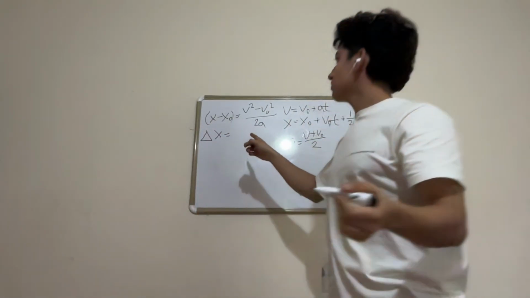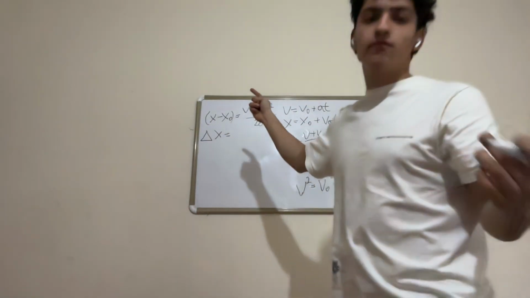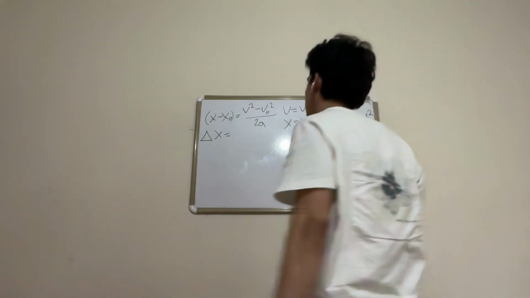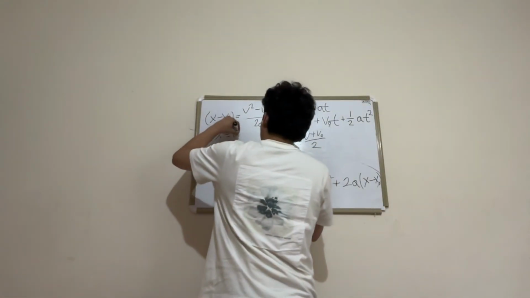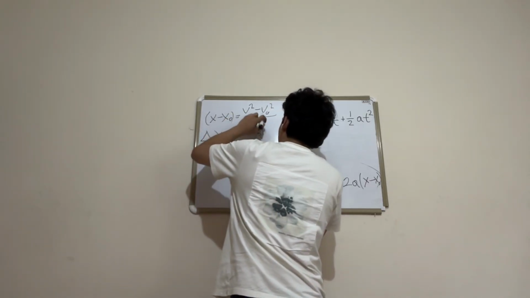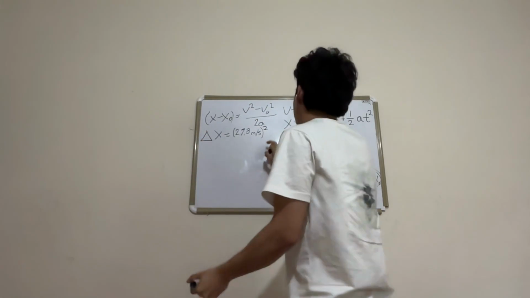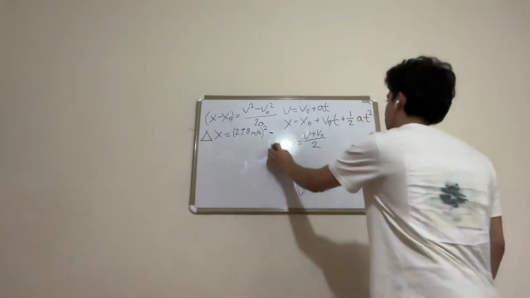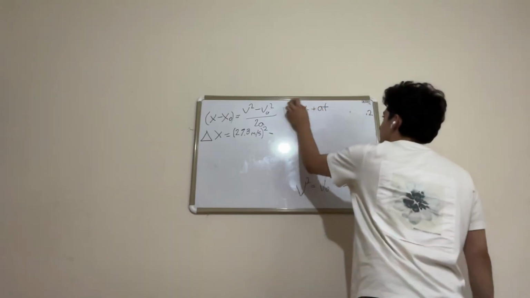So, what is the final velocity we solved for? As we said, it was 27.8 meters per second. So in this case, 27.8 meters per second squared minus, okay, this is not going to be enough. Let me get rid of these to have space.